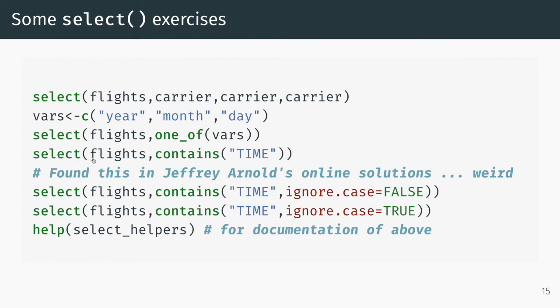This selects something that contains the string time, case insensitive, but we can make it case sensitive. Jeffrey Arnold, who's written a lot of interesting R code, also has an online solutions website for this book, in which he points out that you can use ignore case here.